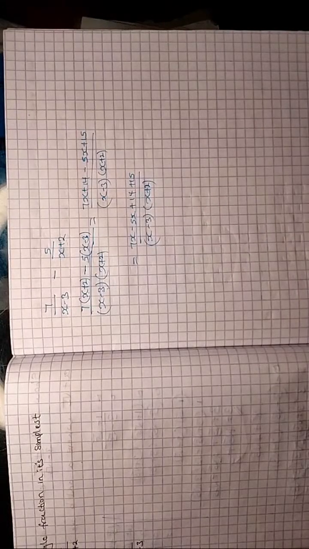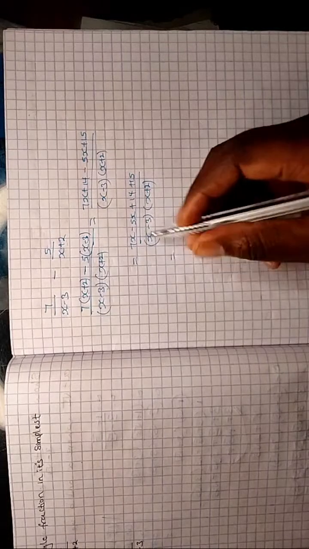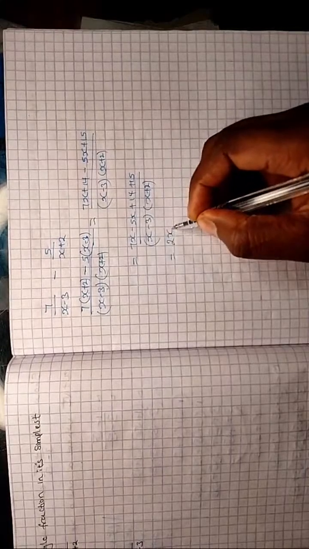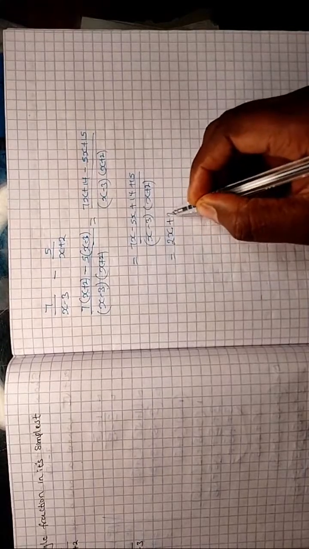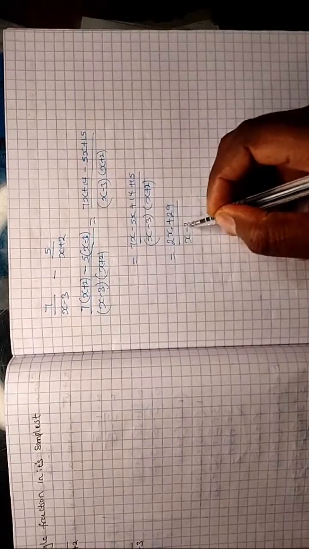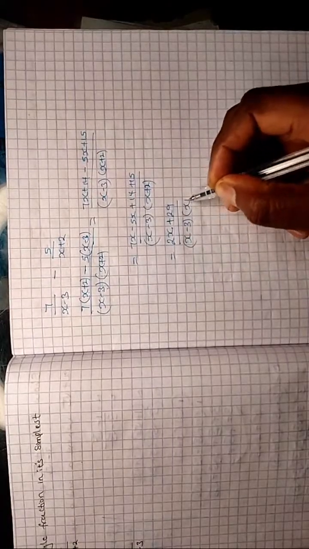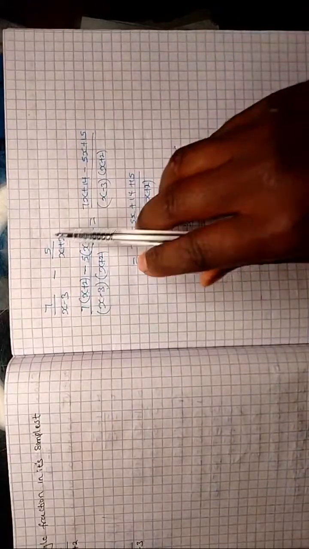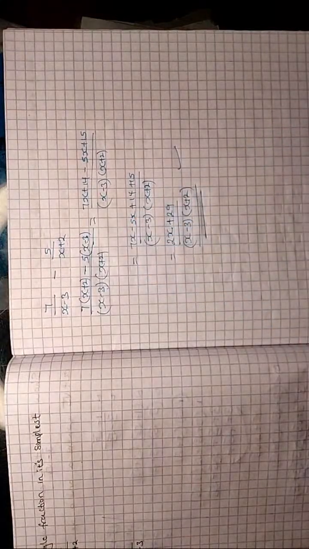The next thing from there, it is going to be 7x minus 5x, that is 2x, plus 29, over x minus 3, x plus 2. And that is the answer. Now we have changed this one into a single fraction in its simplest form.